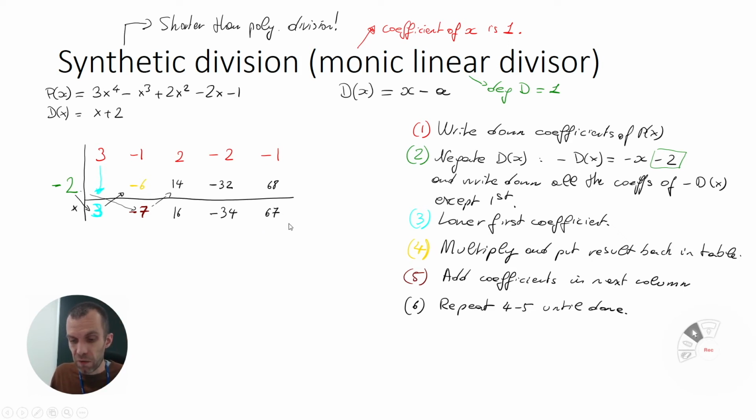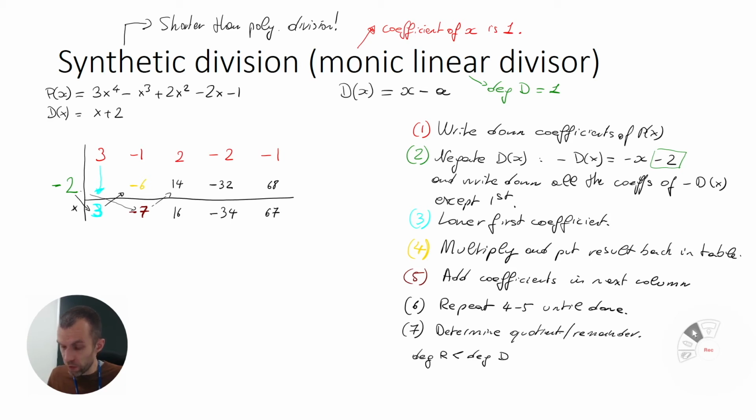Now we just have to extract what the quotient is and the remainder. That's the last step: determine the quotient and the remainder. For monic linear divisors, there's a very easy rule. The degree of the remainder has to be less than the degree of the divisor.